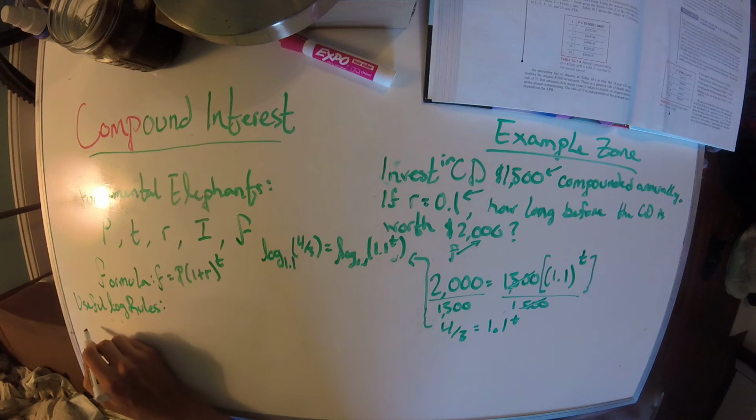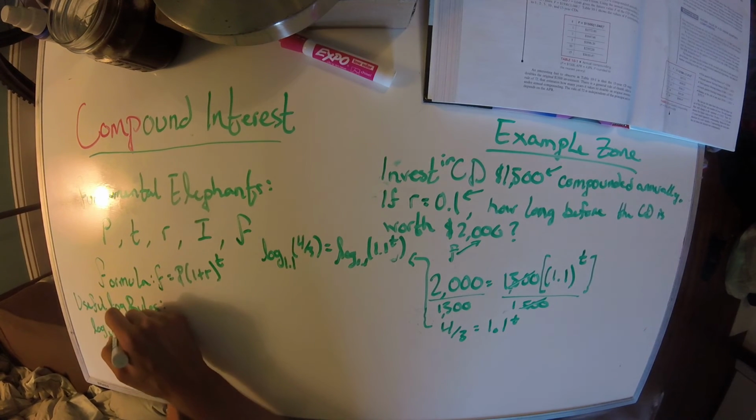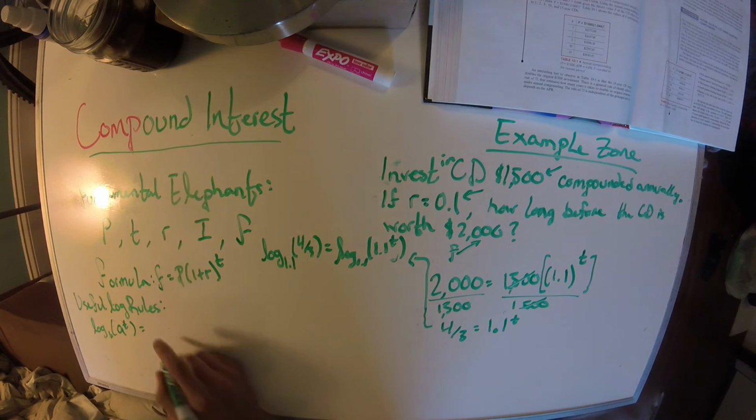The first useful log rule is that a log of any base b of any number a raised to a t is equal to that t multiplying the whole log.